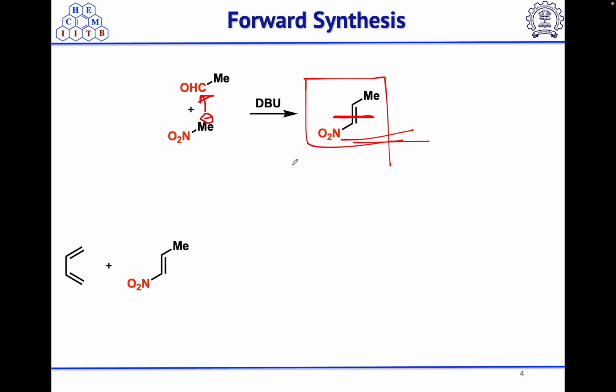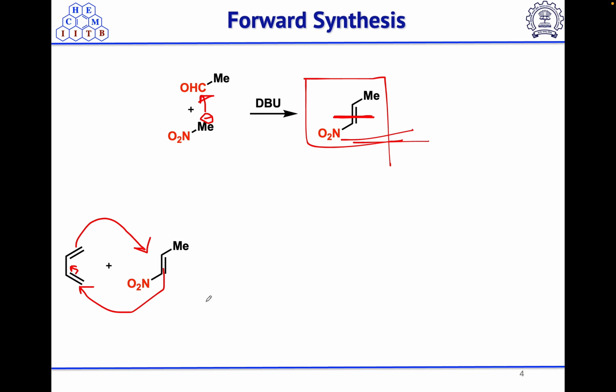Next is to carry out the Diels-Alder reaction between this diene and dienophile. If you see, this will be the arrow-pushing mechanism.